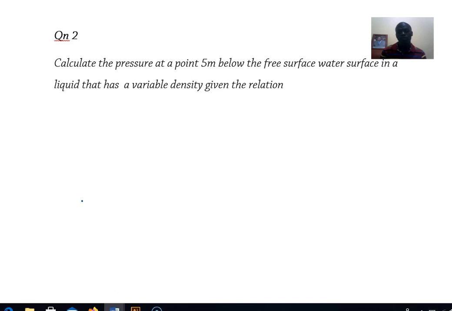Calculate the pressure at a point 5 meters below the free water surface in a liquid that has a variable density given by the relation rho equal to (350 plus AY), the whole thing in kilograms per cubic meter.